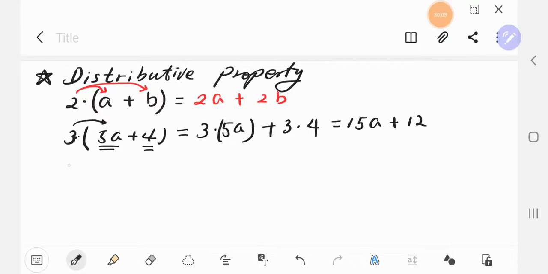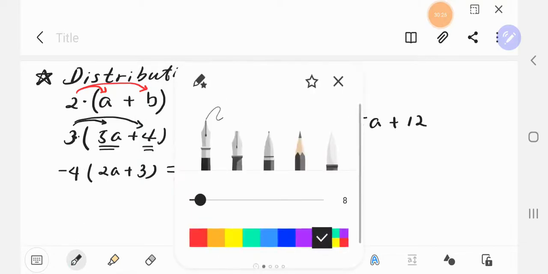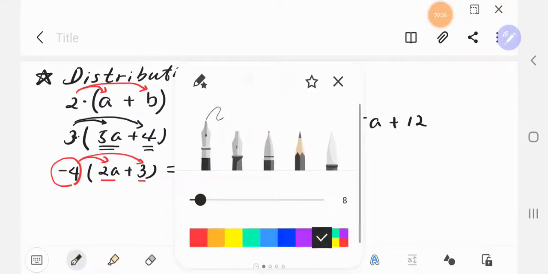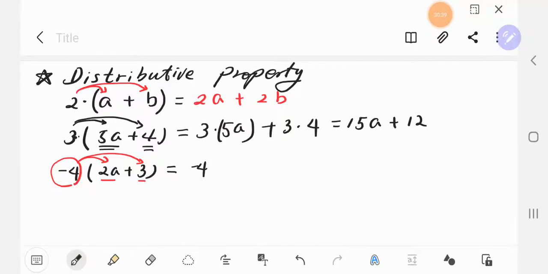Okay, how about this? I want to multiply negative 4 by the parenthesis, which is 2a plus 3. We do the same thing. Negative 4, I'm going to multiply by 2a, then plus, multiply this 3 by negative 4. So we can write it like this: negative 4 times 2a plus negative 4 times 3.